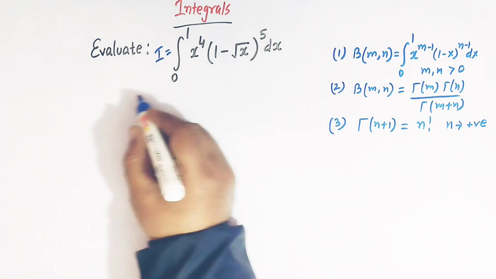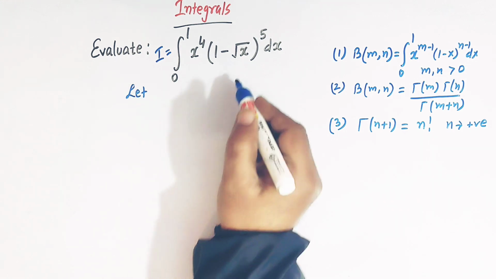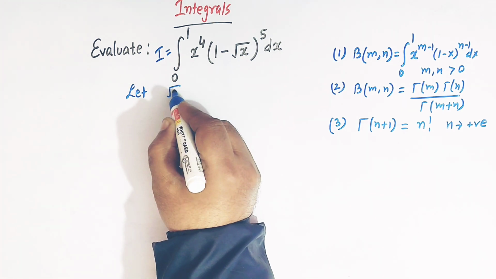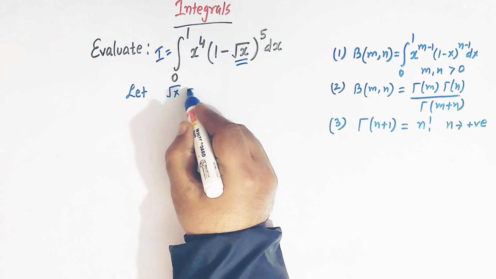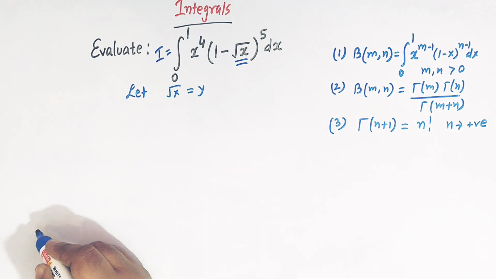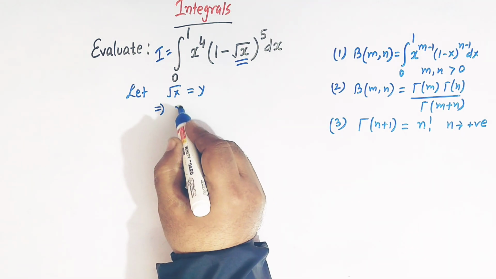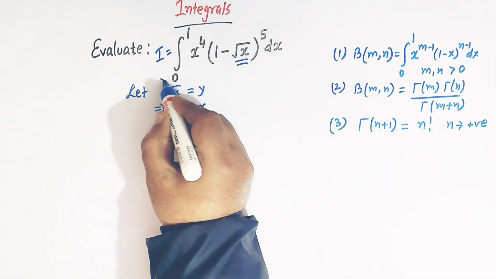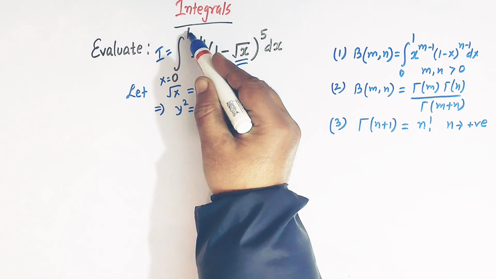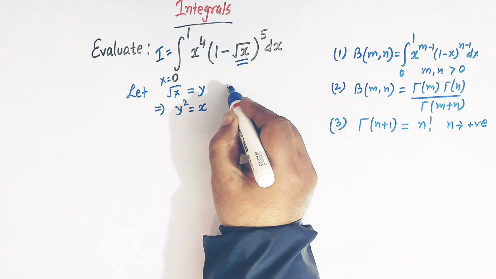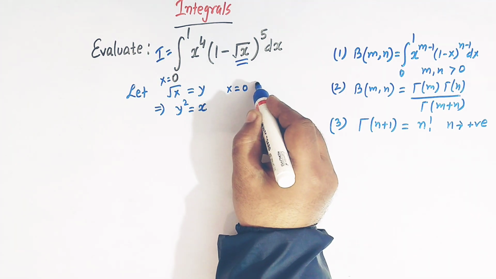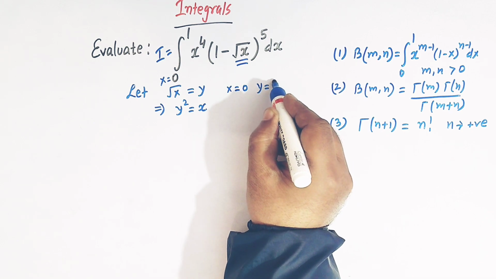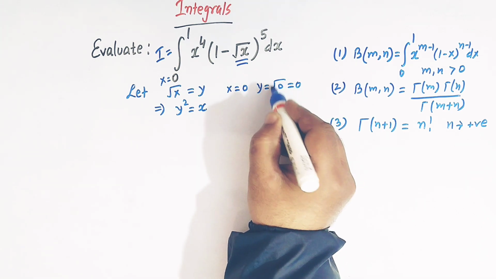So here let us take the substitution. We'll take square root of x as equal to y, so that we have y square is equal to x. And see here the limits of integration are from 0 to 1. So when x is equal to 0, y is also equal to 0, that is square root of 0.